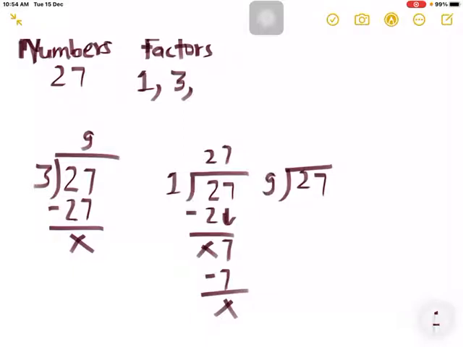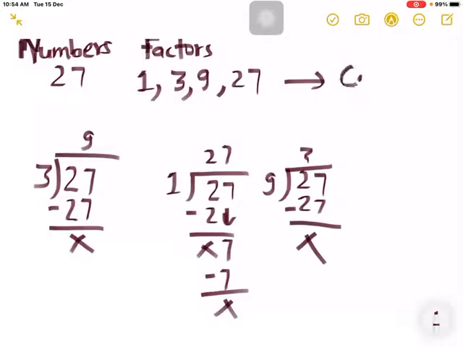Yes, of course. 9 3s are 27. So 9 is also a factor, and then 27 itself. That is why it is composite. It is not prime. It has more than 2 factors, isn't it? More than 2 factors. So that is why 27 is composite.